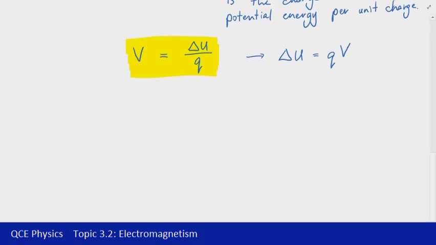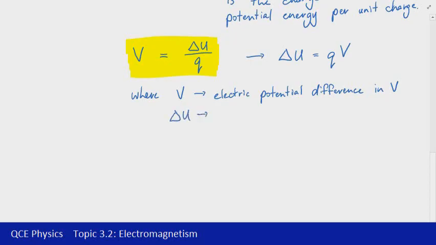And just to notate what all of those quantities are, we've already seen that V is the electric potential difference, and that, as I mentioned earlier, is sometimes referred to as voltage, and the units for that then are volts with a capital V. Delta U is the work done in joules, or the change in electric potential energy.